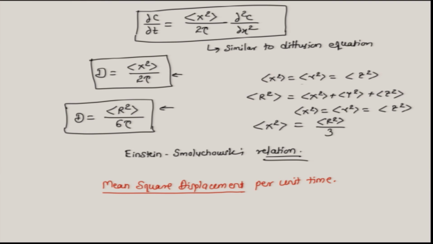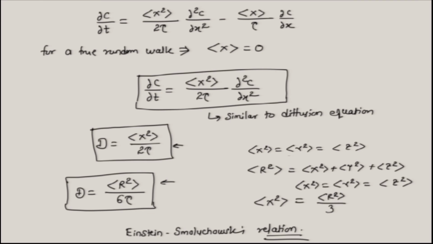Now, remember, when we defined this function phi of x, tau, we made an assumption while deriving this equation, and the assumption was that the function phi is independent of x and t, small x and small t.